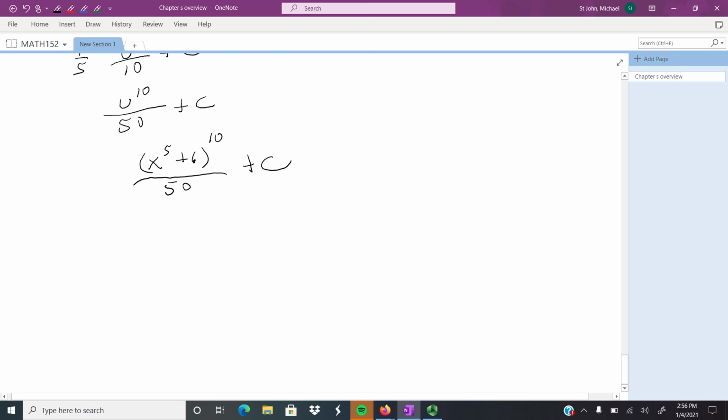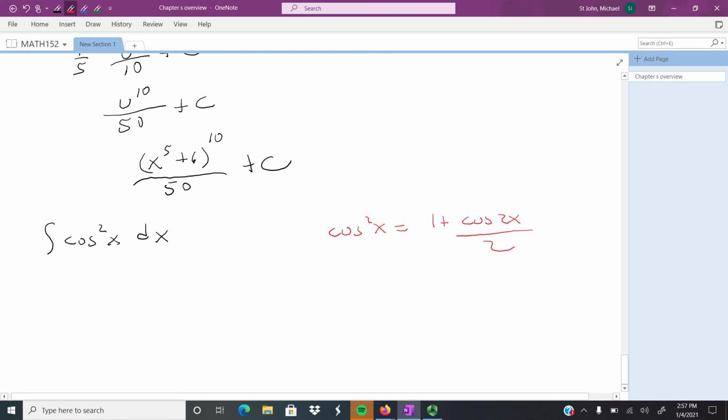And then one more. Let's do this one: the integral of cosine squared x dx. From our various trig identities, we learned before that cosine squared is the same thing as 1 plus cosine 2x over 2.